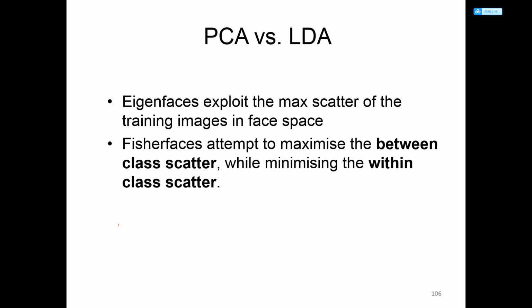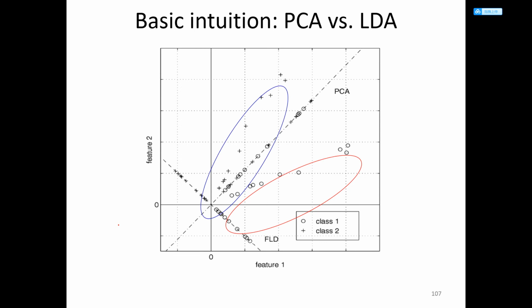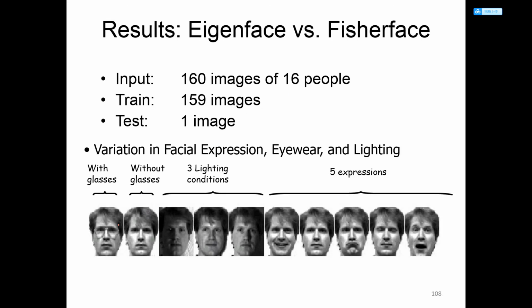So in terms of Eigenface and Fisherface, Fisherface is actually optimum for this classification, at least with the linear model. This is basically the setup of the original paper.